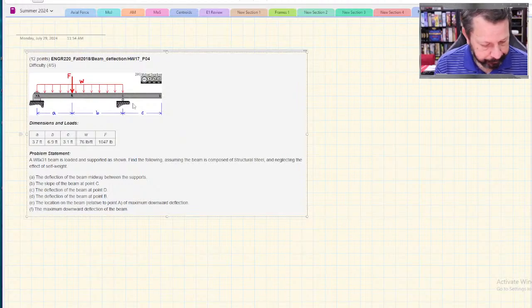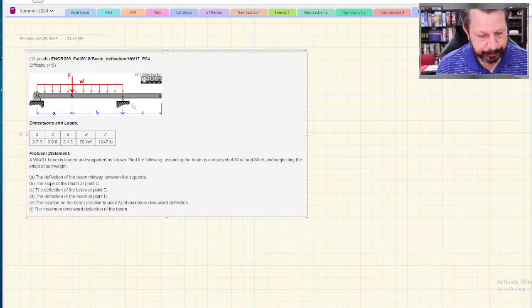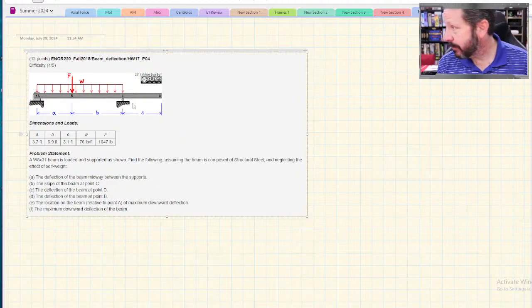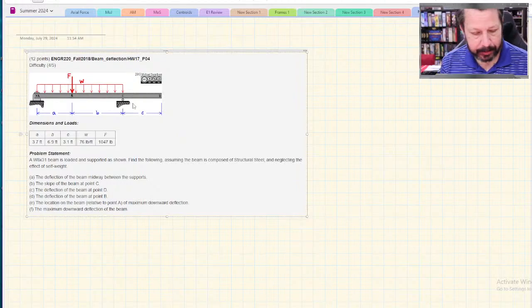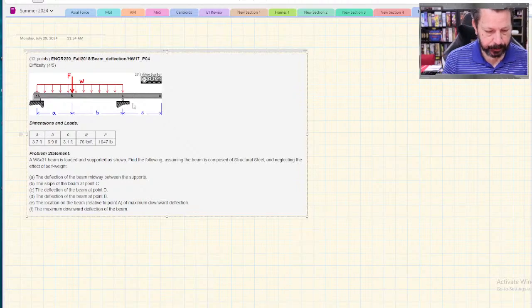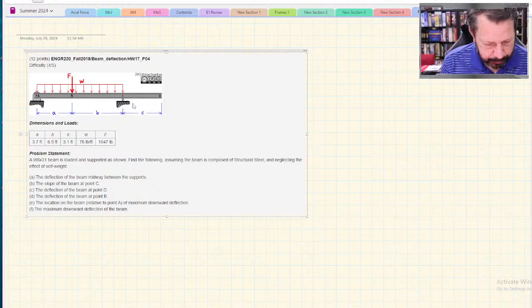All right. So part A is the deflection midway between the supports. That's pretty straightforward, and it's not even what's being asked. It's D through F. I don't think solving part A will help us with D through F, so let's not do that. Slope of the beam at C. That one we actually do need because that will help us solve.